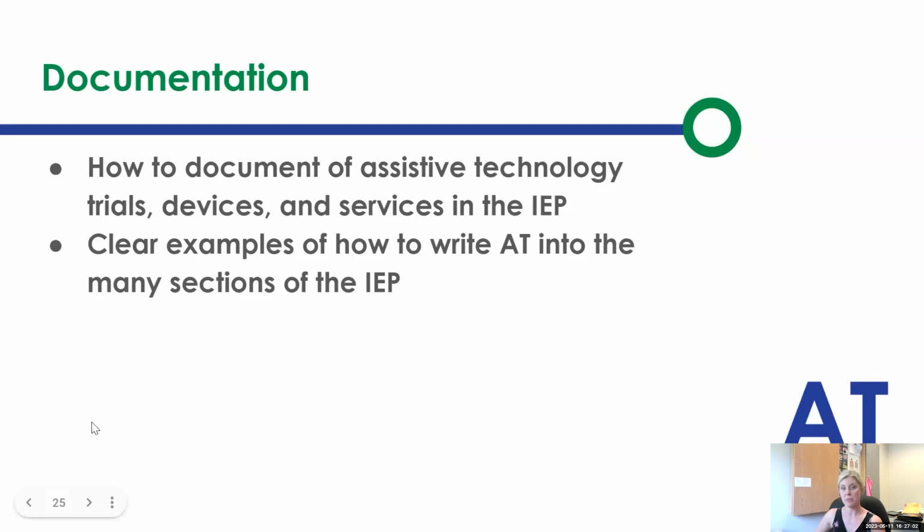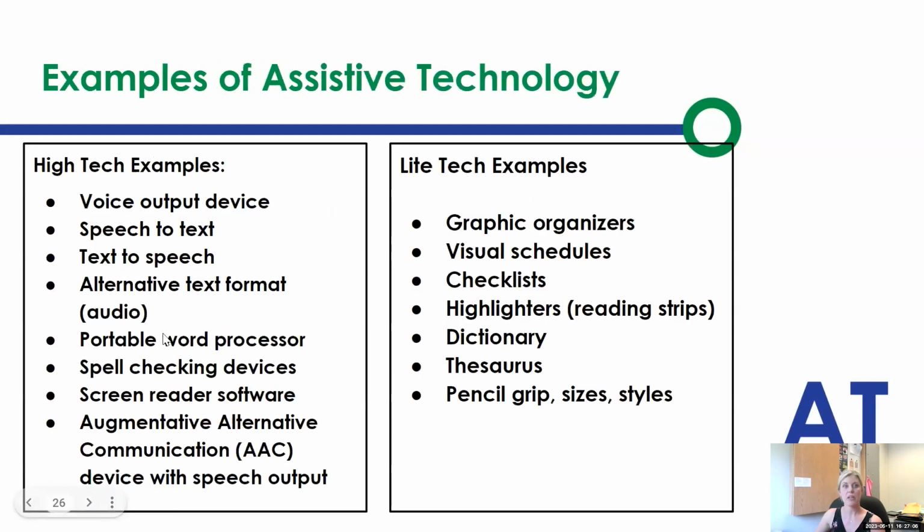We also give examples of how to write it in the many different sections of the IEP. For example, we come up with a list of ideas of how to share examples of assistive technology, both high tech and light tech. You'll see that we talk a lot about light tech instead of low tech, light tech meaning the ones that don't have that advanced circuitry, right? So something like a graphic organizer, visual schedule, a highlighter, a checklist.